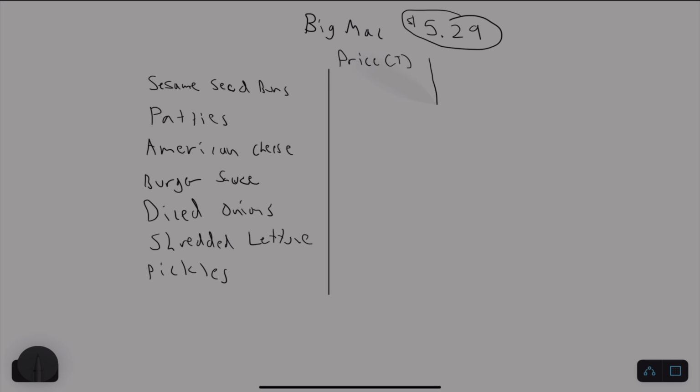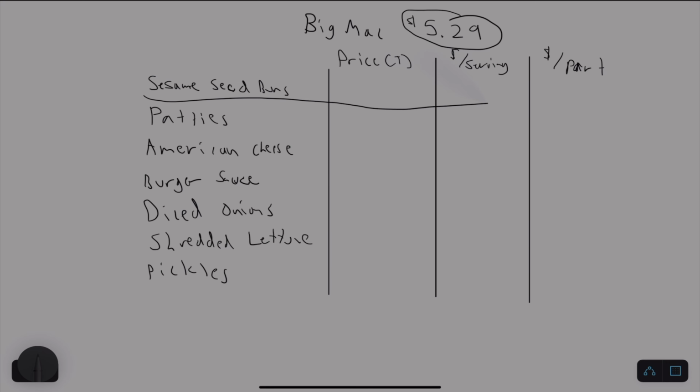Our next category is going to be based on the price per serving. And that's just how much it is for one of those items or one of those servings. And then we multiply it by how many servings we actually need. And we're going to call this the price per part, or part of that fast food item. So let's begin with our sesame seed buns.